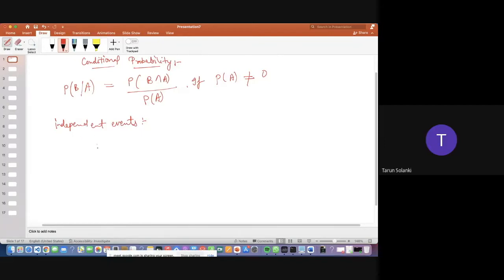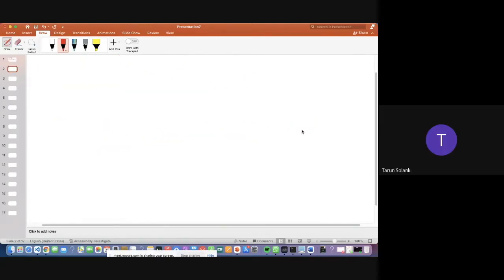That means probability of B by A is equal to probability of B, and probability of A by B is P of A. Correct? So let us look at a few examples so we will get it more clear.